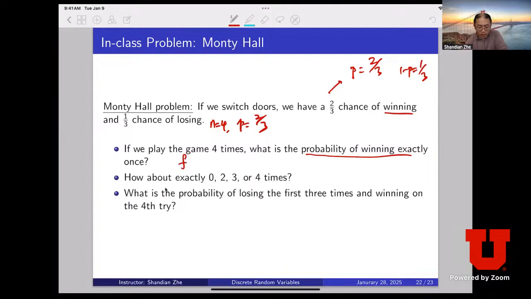You want to say winning exactly once, that means you want to calculate the PMF at 1. Remember, X, the random variable under the binomial distribution, represents the total number of successes.